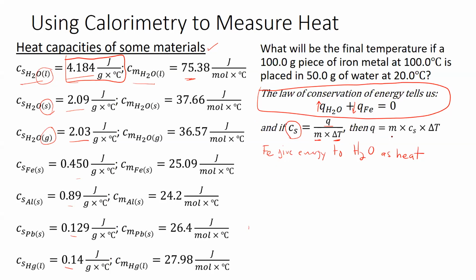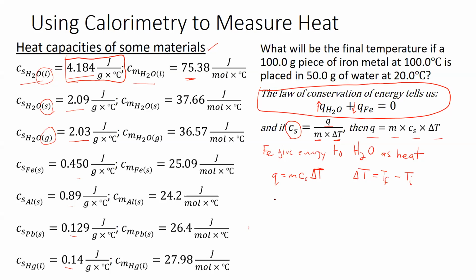When we rearrange this equation, we get Q is equal to MC delta T. And remember, delta T is equal to T final minus T initial, okay?